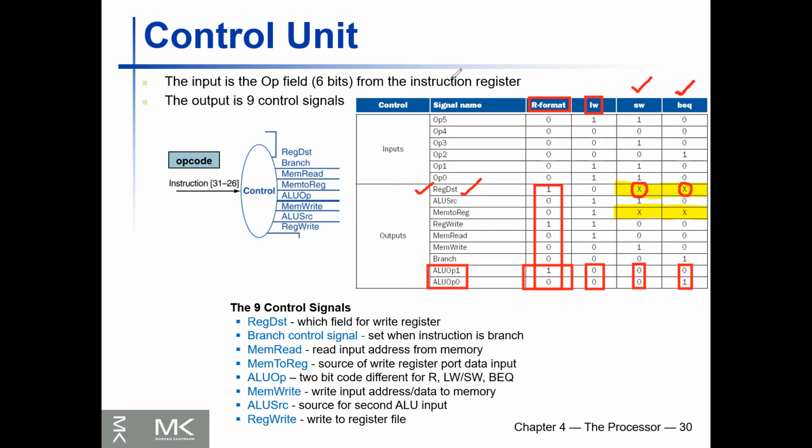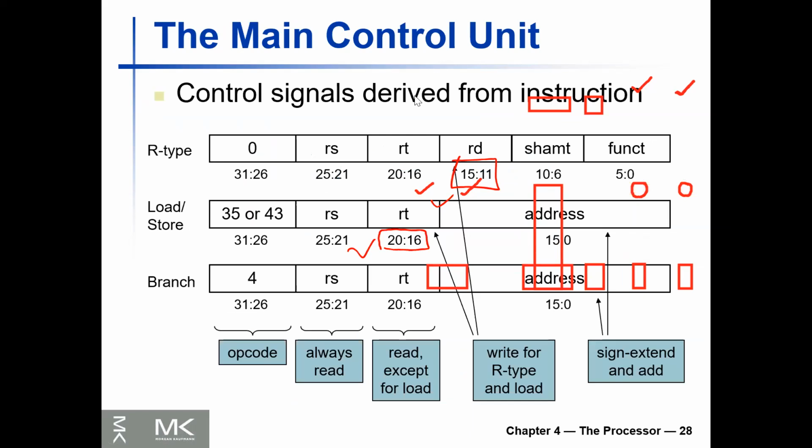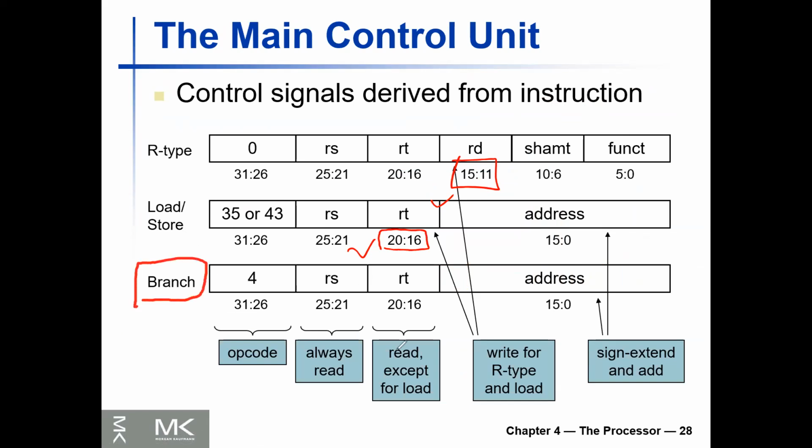If it is not clear, go back to the previous slide to understand that one. See here again. Because for the branch, we are not going to write any register. Just read this, no write. That's why that control signal is don't care, because it is not required. Similarly, for the store, we have to read these two registers.